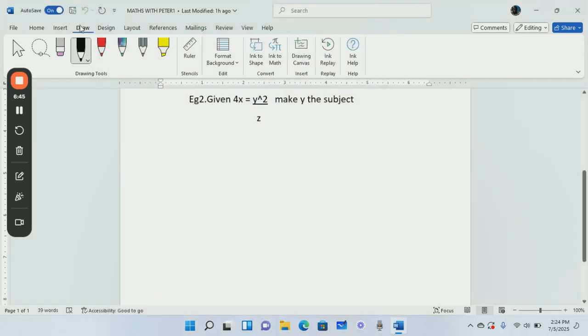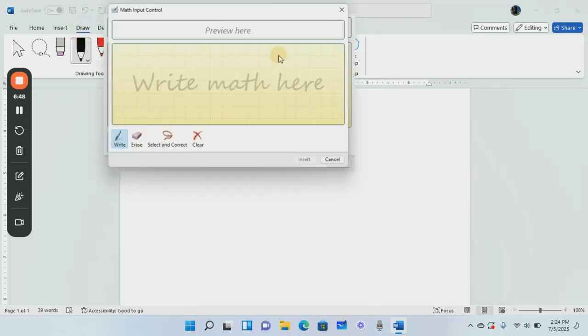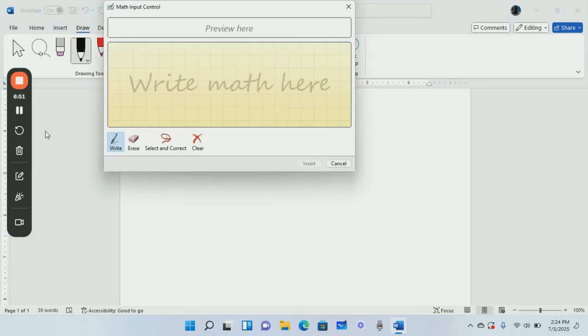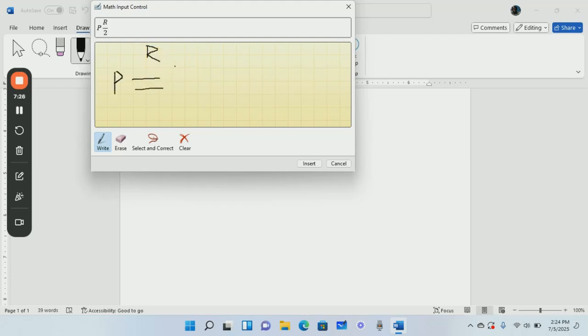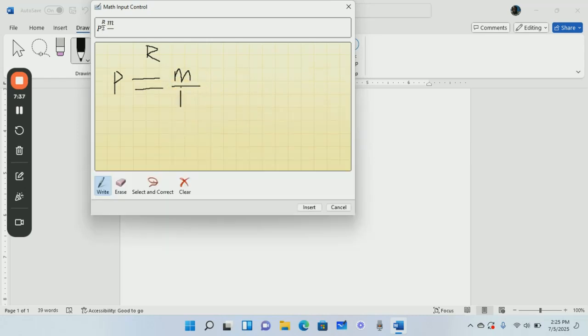Example 3. In example 3, you have to make r the subject of this: P equals m all over r squared plus k.